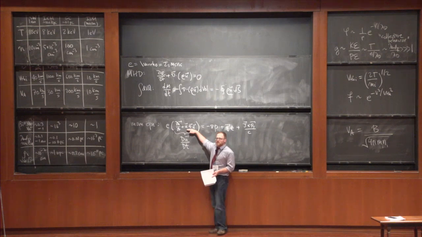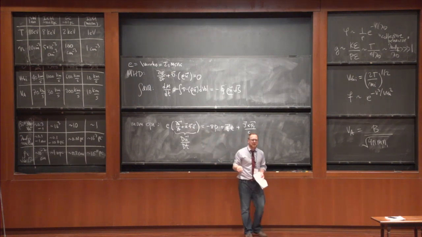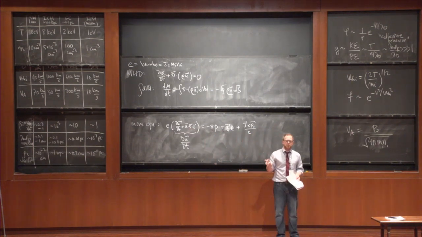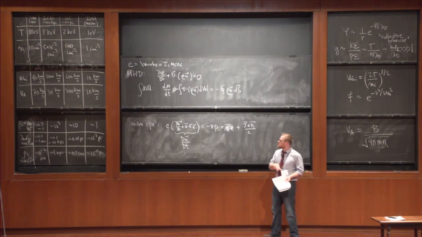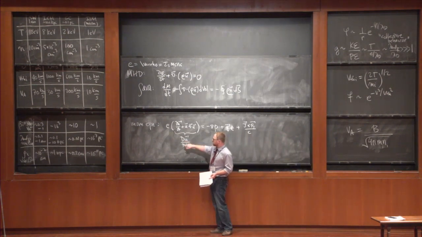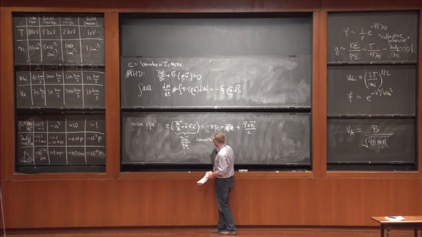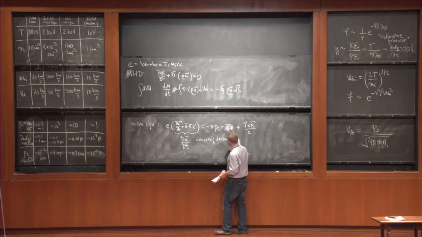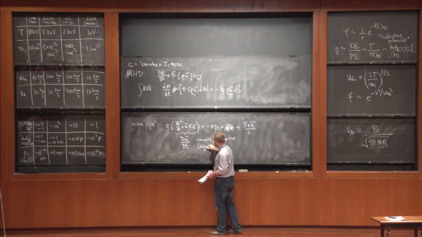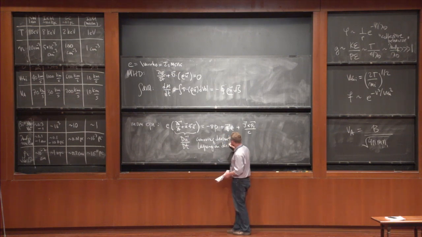And what this term does is it makes sure that you're taking the time rate of change in the frame that's moving with the fluid element. So this is what I mean by this big d by dt. Sometimes this is called a co-moving derivative, which is quite descriptive. Or if you want to be fancy, it's also called a Lagrangian derivative, for reasons that I'll come back to.